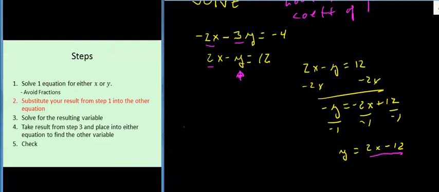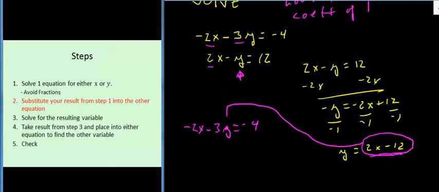So I have negative 2x minus 3y equals negative 4. I'm going to put this equation into this equation. I'm going to substitute this, which is what y is equal to, this value of y. I'm going to replace it.